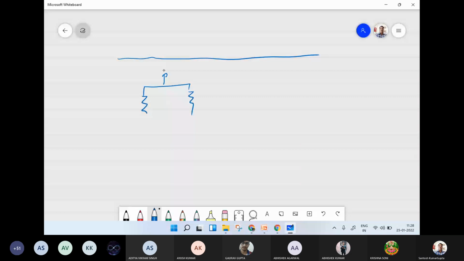We have RB, RC, and one more resistance in the emitter, RE here, and VCC. We need to analyze the circuit.